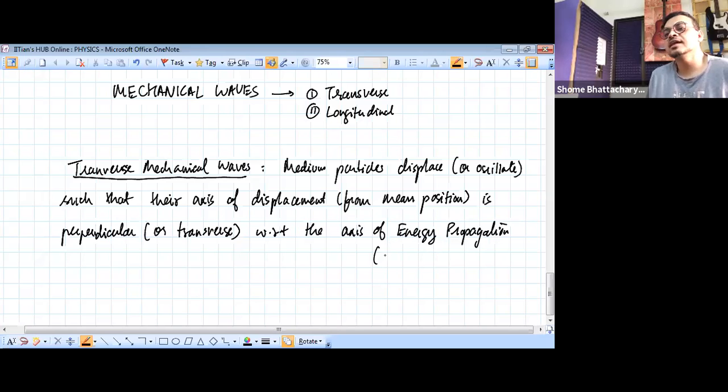Or what again in the language of waves we call the wave propagation.